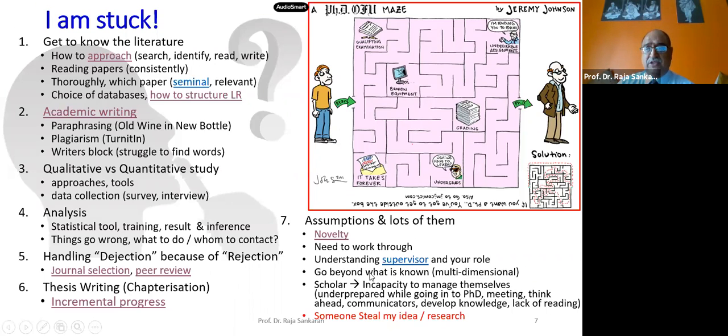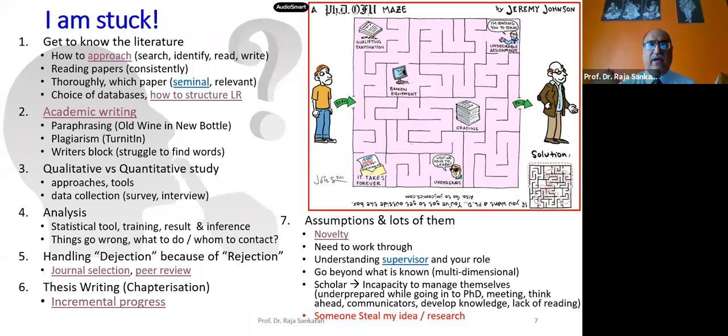Then go beyond what is known. For example, whenever we work in the management domain, I hope most of you are from the management domain, but in various other domains also, it is all multidimensional in nature. If I talk about management by itself, or marketing, or even if I drill down further to consumer behavior, there are a lot of theories which are drawn from psychology, from sociology.